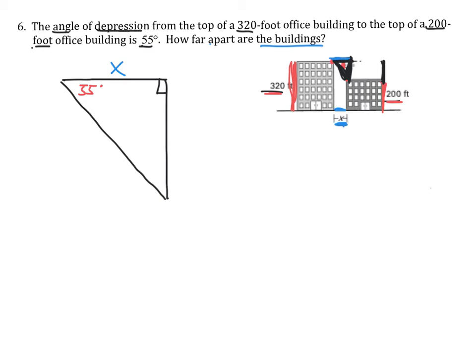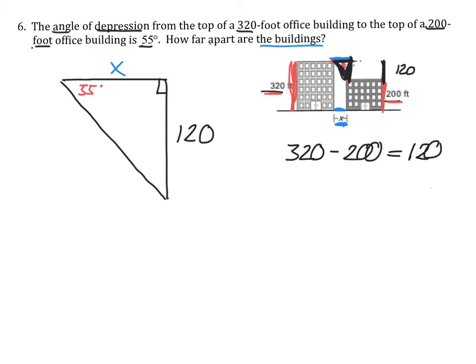So how much taller is the tall building? Now, you could probably just do this mental math real quick, but if the tall building's 320, the short building's 200, then it is 120 feet taller. So now I can fill this in on my right triangle.